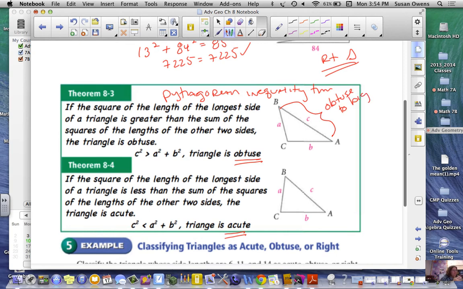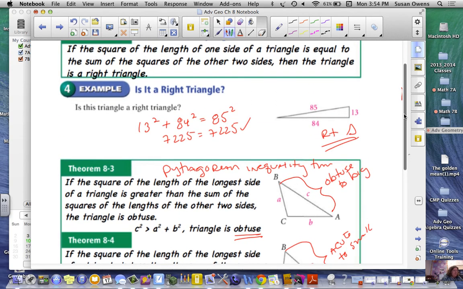When you square it, it's too big for the other two sides. And if c squared is too small, then you get an acute. C is too small. When you square it, that's too small for the other two sides. And then, of course, if it works out perfectly, this is just right.